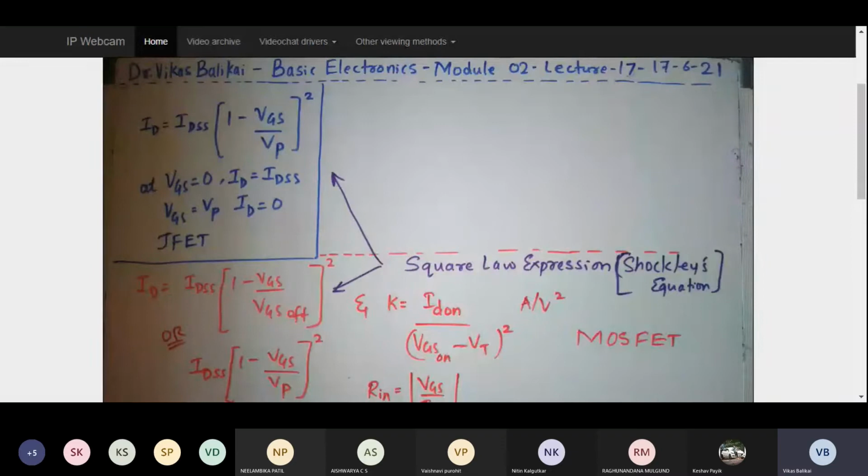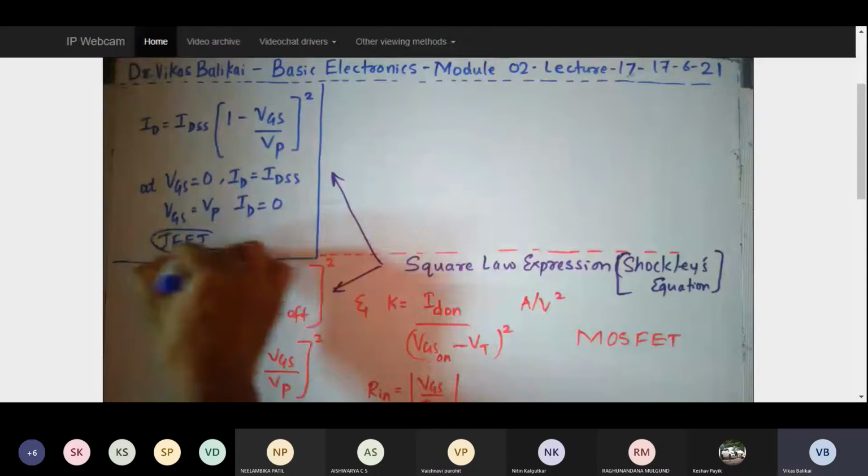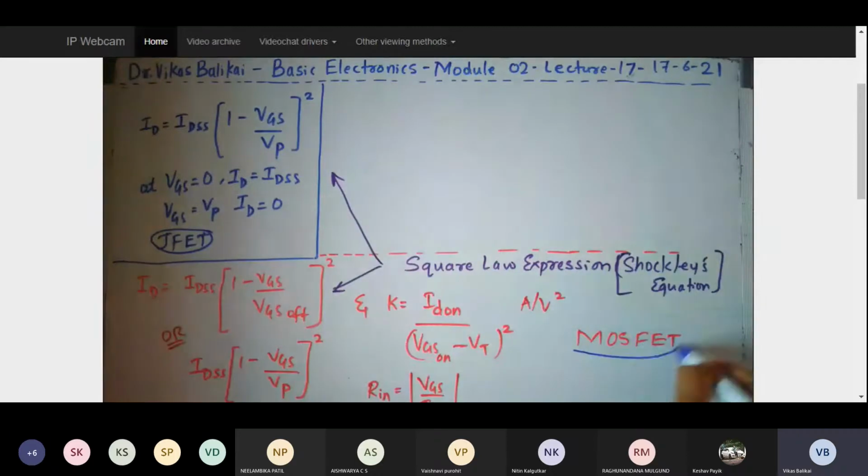Here you don't need to worry much about the derivation. You are just supposed to remember the equation. The upper one is for JFET, and the red one below is for MOSFET. For MOSFET and JFET, the equations are going to remain exactly the same, so you will not have any difficulty in remembering them.